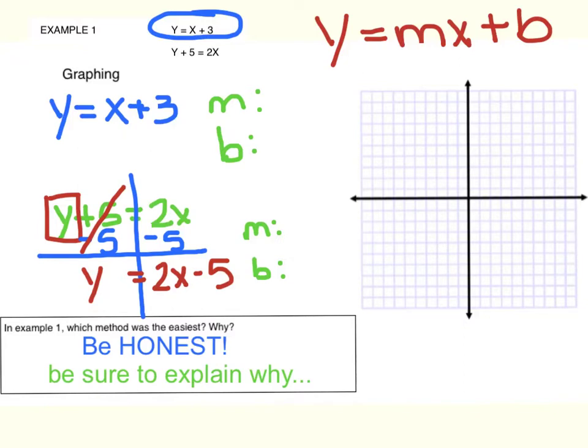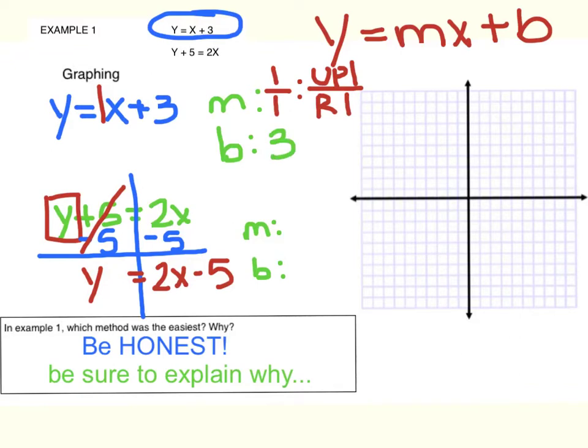There is no number next to x, so we know that's the number 1. And to write 1 like a fraction, it would be 1 over 1. My slope is going to tell me how to rise over run, and I would be going up 1 because it's positive, and then to the right 1 because it's also positive. My y-intercept, which is what I begin with, is 3.